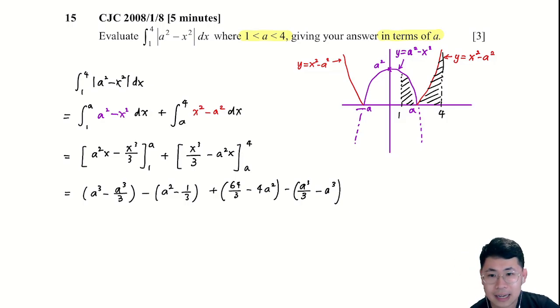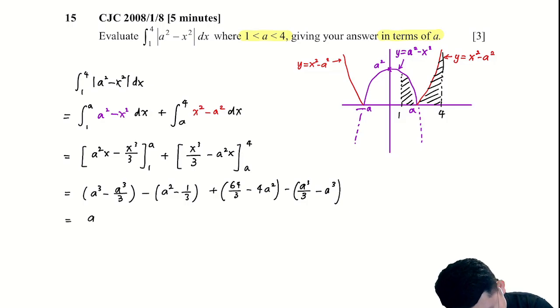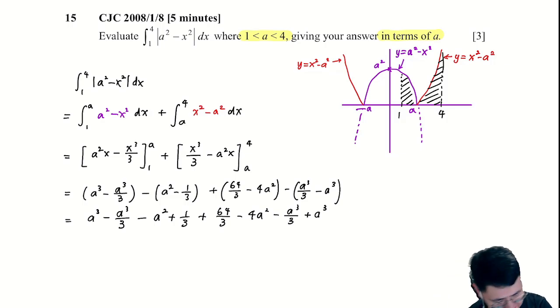Okay, so let's expand and let's try to simplify. So expanding this: a cubed minus a cubed over 3 minus a squared plus 1 over 3, be careful, plus 64 over 3 minus 4a squared minus a cubed over 3 minus a cubed, a plus a cubed. Something like that.